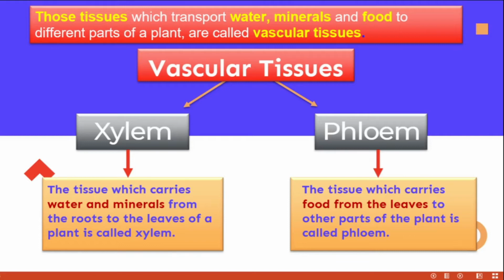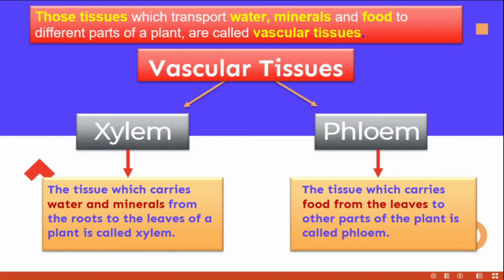Now we have to know what xylem is. The tissue which carries water and minerals from the roots to the leaves of a plant. Your main thing: the water and minerals are carried from the roots to the leaves. Next, phloem. What is meant by phloem? The tissue which carries food from the leaves to other parts of the plant is called phloem.